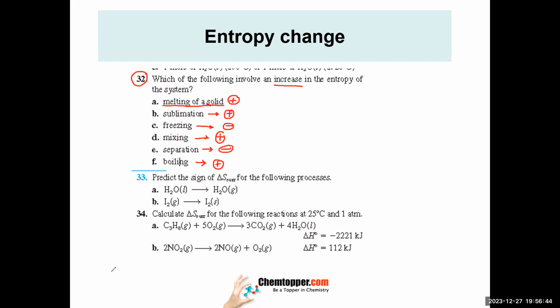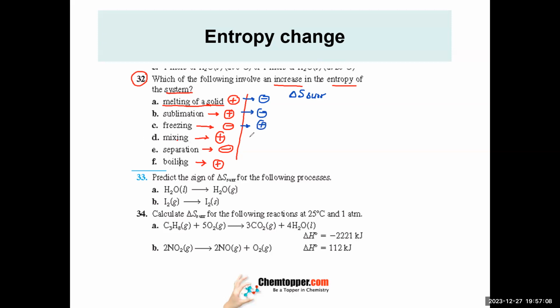Simple questions, right? But here they are talking about entropy of the system. If I change this question to entropy of the surroundings, then this plus will become minus. This will be minus, right? Reverse sign. Very good, Sanvi.